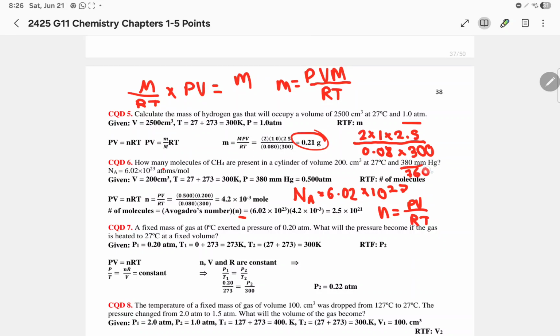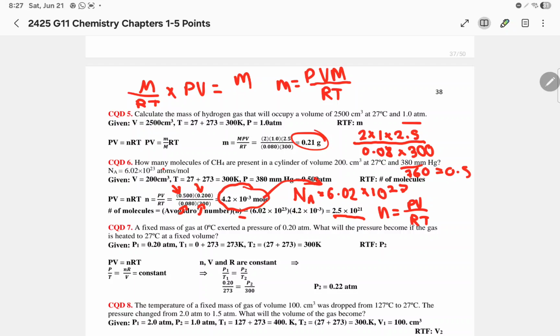So dividing by 760 gives you 0.5. Pressure, which is 0.5 atmosphere, times volume, which is 0.2 liters, over R, which is a constant, and temperature, which is 300, should give you this number. Then you multiply this number by Avogadro's number, and you get 2.5 times 10 power 21, because the number of molecules equals Avogadro's number times moles.